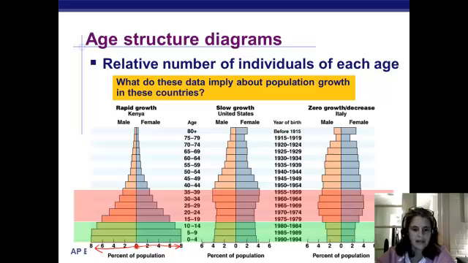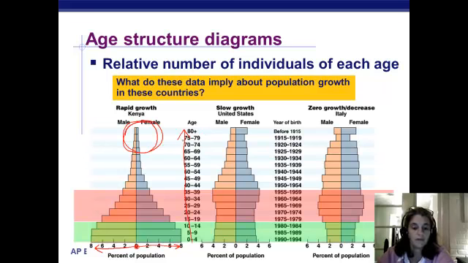And this is the age of the people in the population. This is indicating basically how many individuals are in each age range and how many of them are male or female.